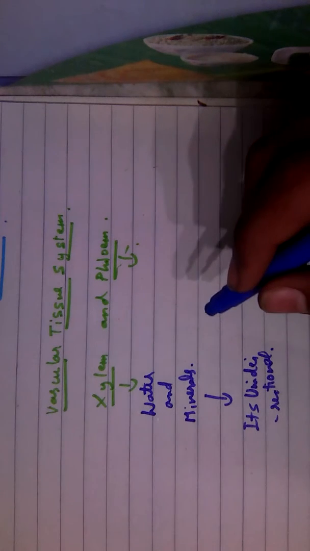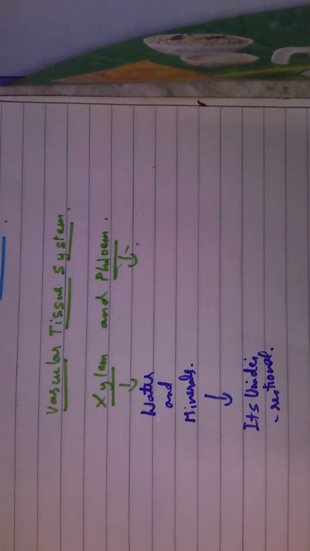The evaporation of water from the leaves during transpiration produces a pulling force, causing the water to move up. Transpiration is the process of evaporation of water from the leaf, and this evaporation causes the water to move up.